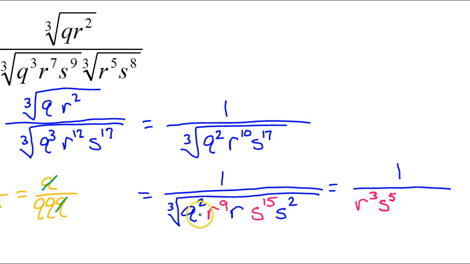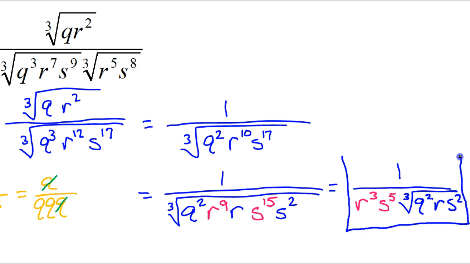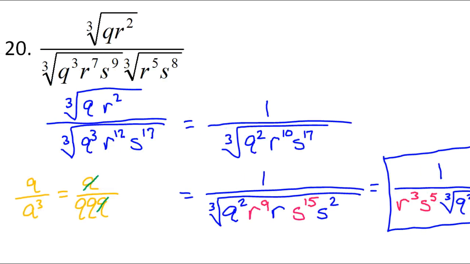All right, 15 divided by 3. And everything here in blue is going to be stuck on the inside. So I will have the cube root of q squared r s squared. So this will be our final answer. Okay, and that is the answer for number 20.